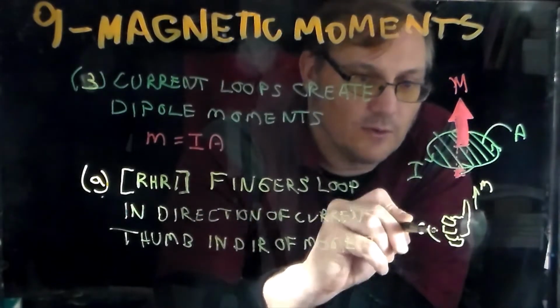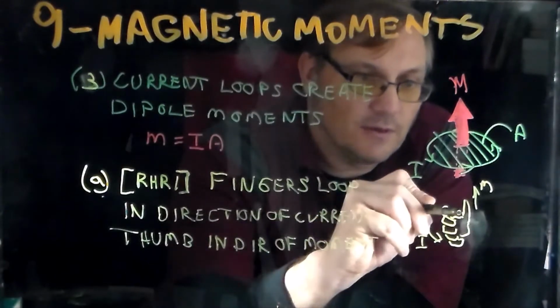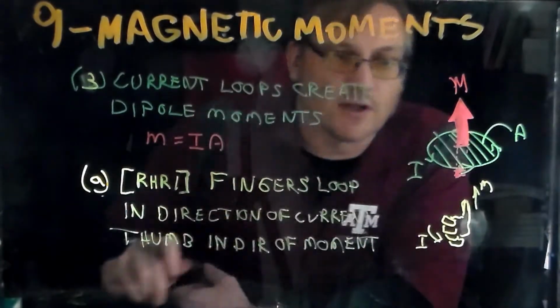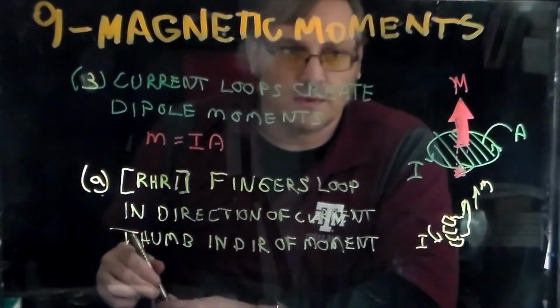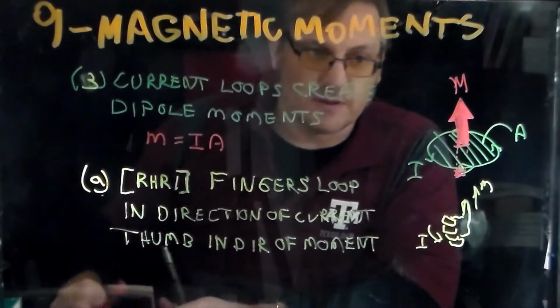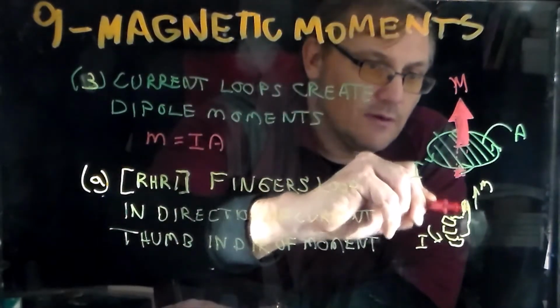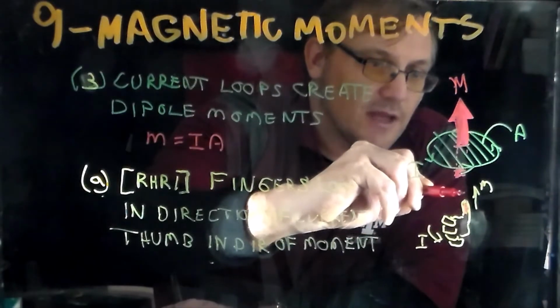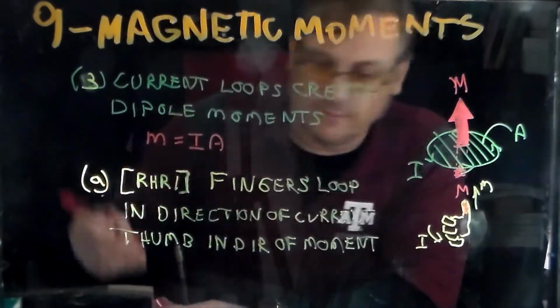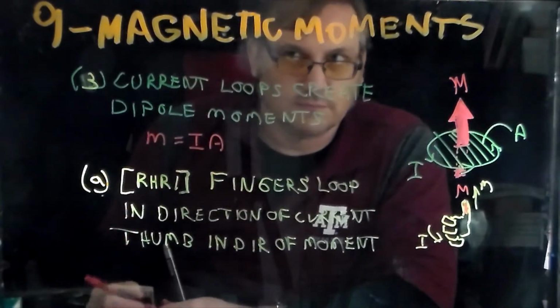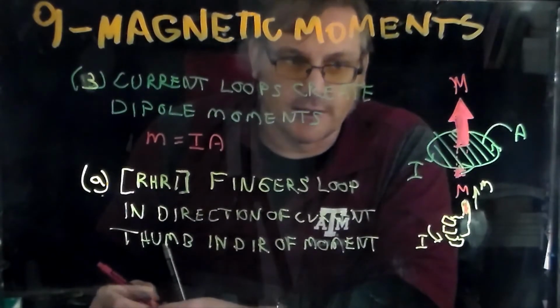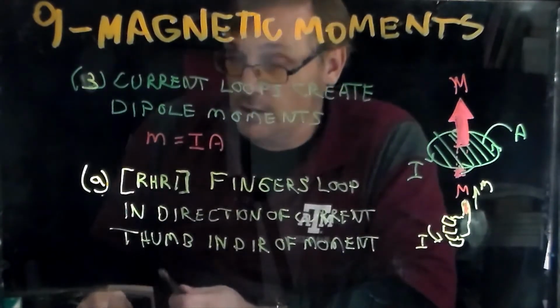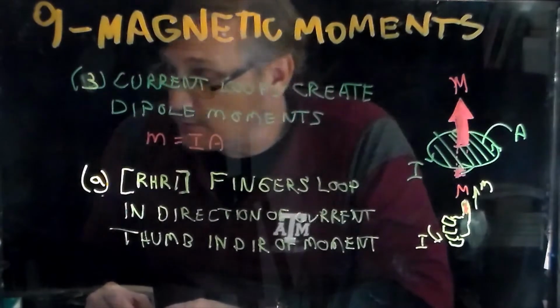So you're curling around with the current, and your thumb is in the direction of the magnetic moment. So in this case, instead of the green thumb, you have a red one, right? That's the direction of the magnetic moment. I hope there's no connotations to red thumbs. I've never heard it before, but you never know. Let's see.